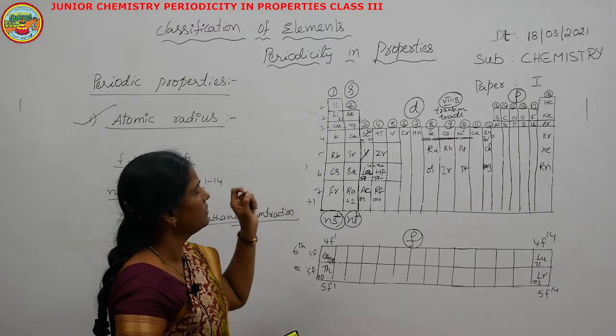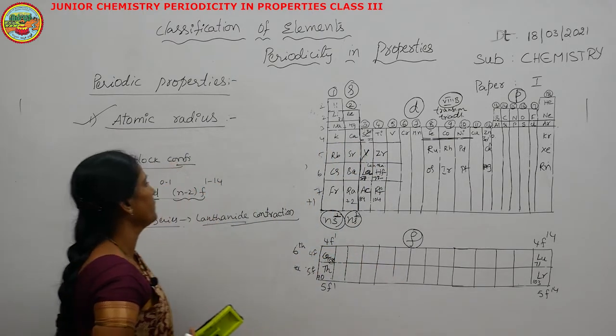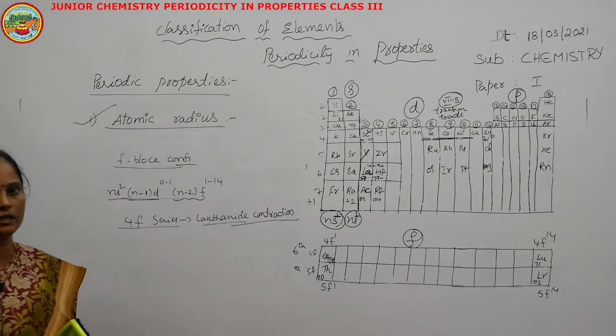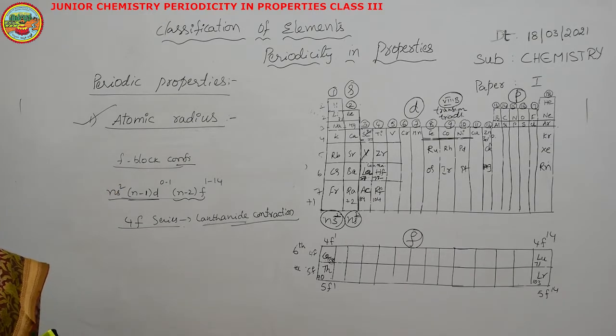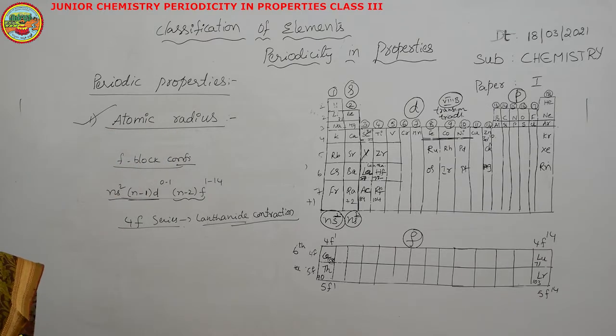In a period the atomic radius decreases because the valency electron enters into the same shell. This is the first periodic property, atomic radius.